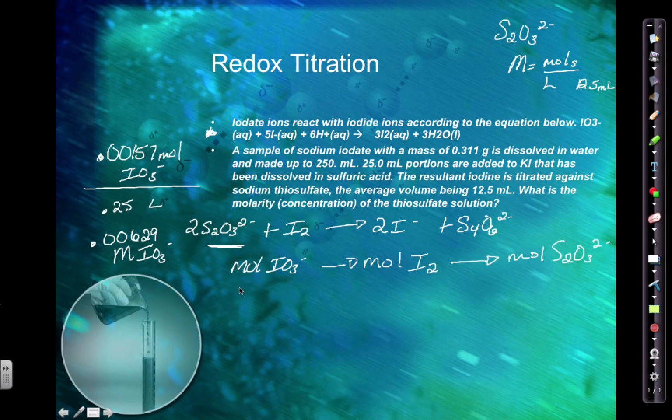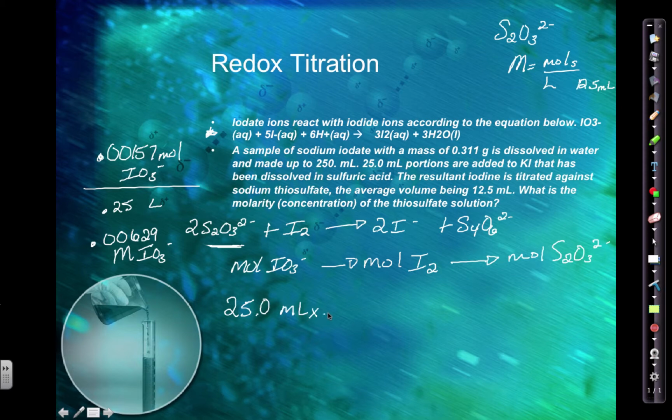Okay, so I'm starting off with, I have a molarity, and it says that I only use 25 milliliters of this solution. So I'm really starting with 25 milliliters. It's a portion of it. I can't use this. It's not 0.00629 moles because I only used a small portion of that solution.